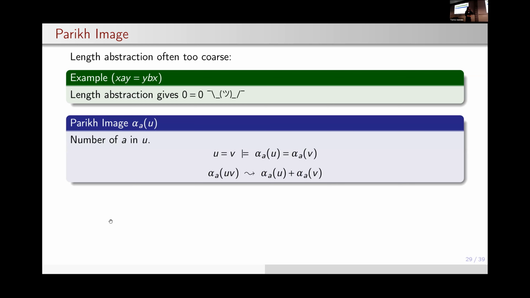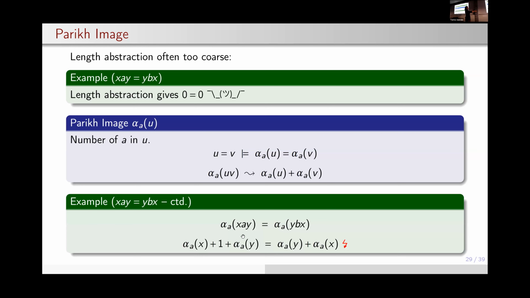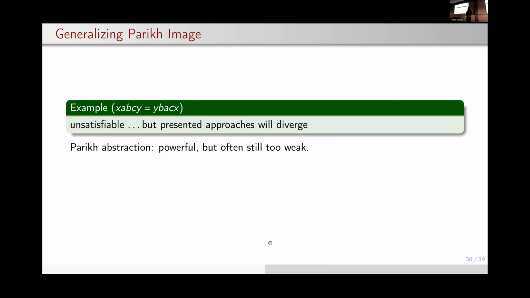However, if we take the Parikh image, which just counts the number of a's or b's, we just count the a's here. Well, then we get there's one a more on the left-hand side than on the right-hand side. So this is cool because this equation is something where Nielsen would completely diverge instantly. And it is kind of trivial to see that it's unsatisfiable, right?